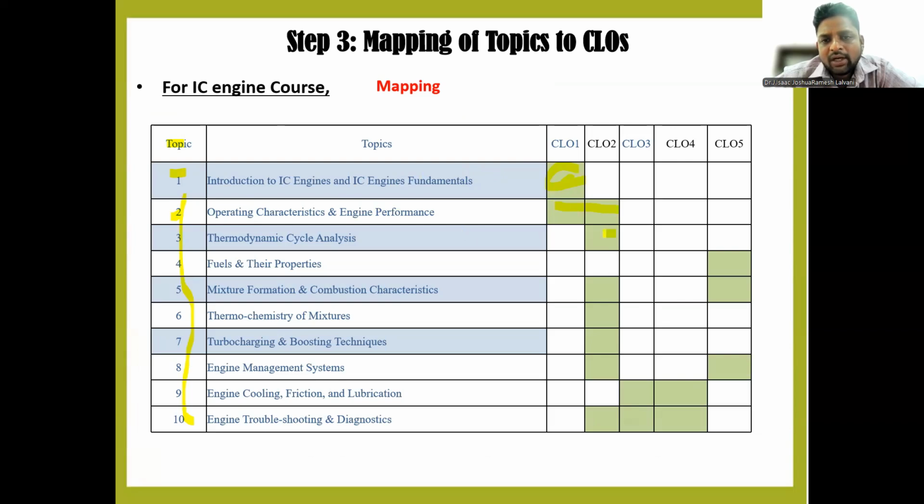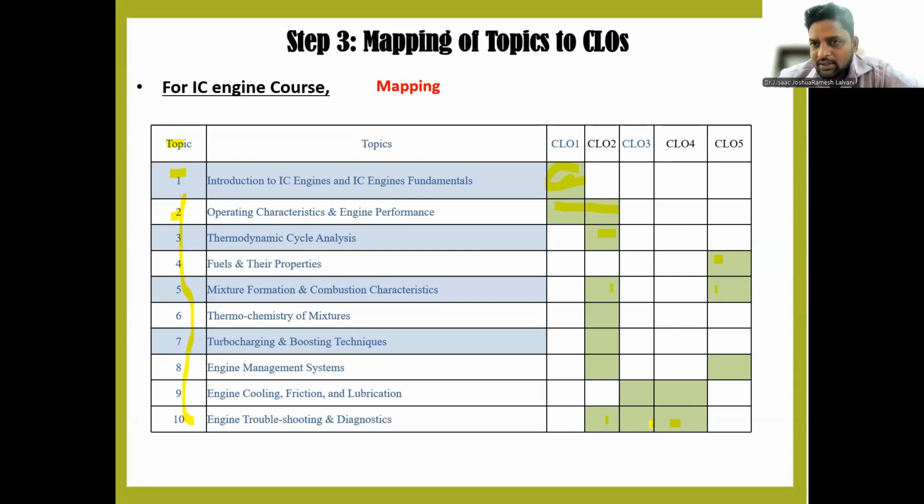Third topic, only CLO2. The fourth topic, only CLO5. Fifth topic, your CLO2 and CLO5. And like that, from 6, 7, 8, I tabulated everything. For example, your 10th chapter covers CLO2, CLO3, and CLO4. Like this, I made this, and this also can be added in your learning teaching manual.